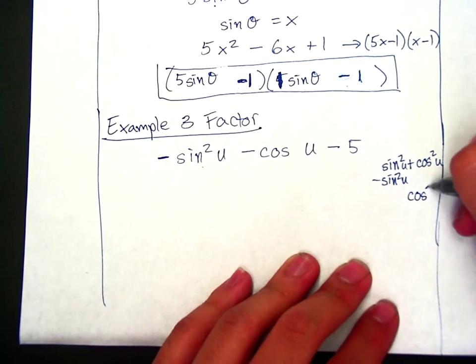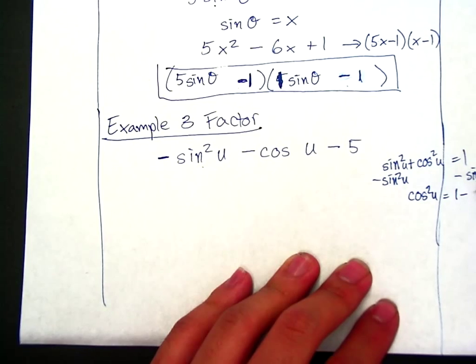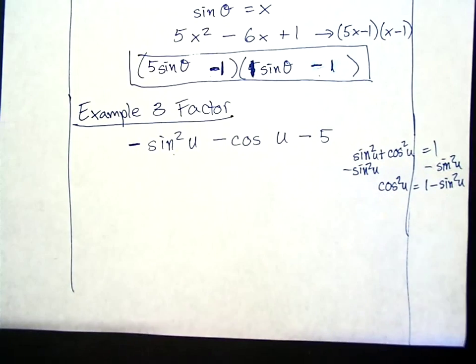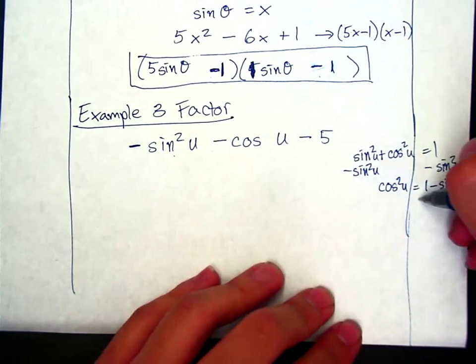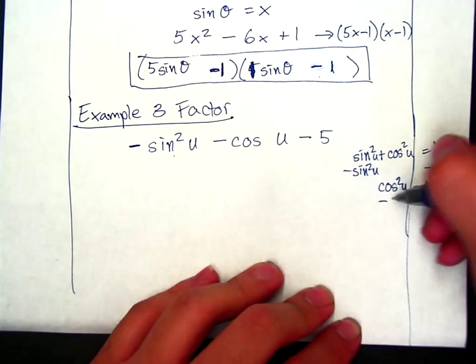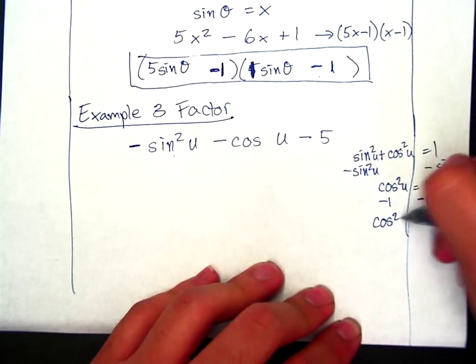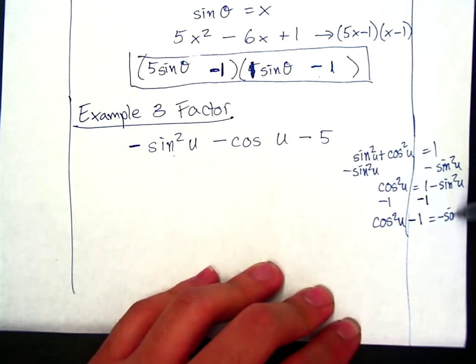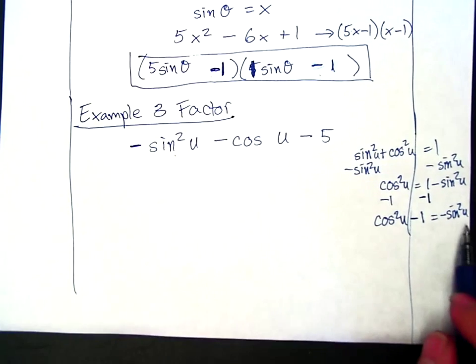And then I get cosine squared u equals 1 minus sine squared u. I still have sine stuck with something else, so I do want to move that 1 away as well. So I'm going to subtract 1, which means cosine squared u minus 1 is equal to negative sine squared u.